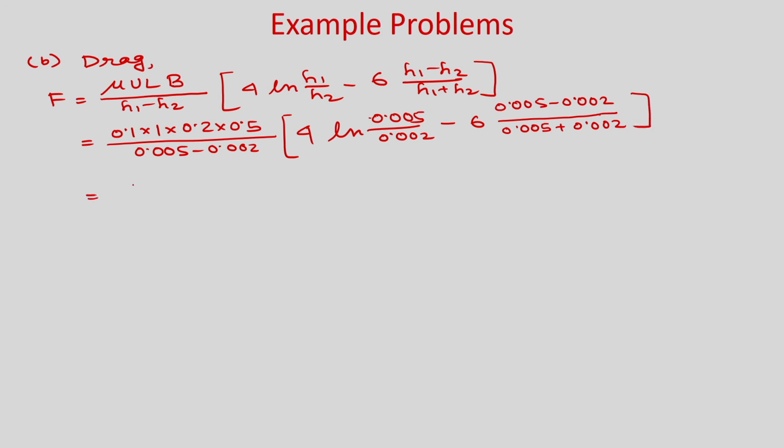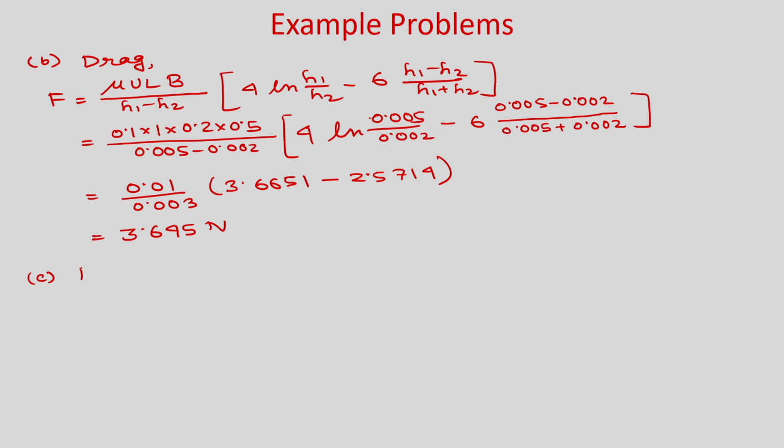Okay. So, you will get 0.01 divided by 0.003, into 3.6651 minus 2.5714. So, the drag will be 3.645 Newton. So, now we can calculate the power lost in the bearing.